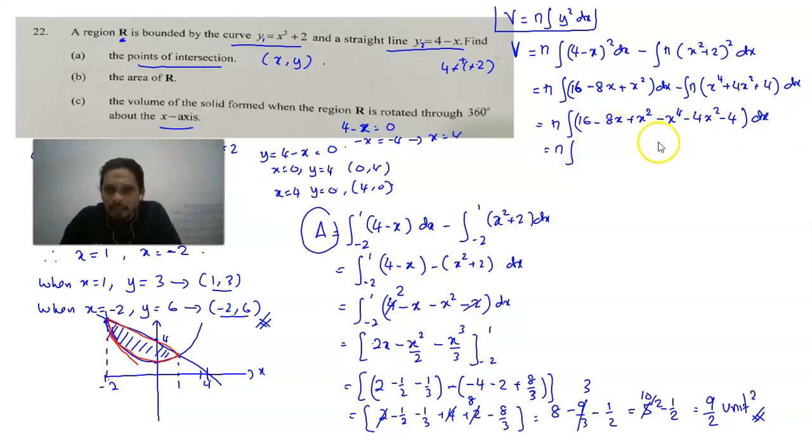Okay, negative x to the power of 4, x squared minus 4x squared equals minus 3x squared, negative 8x, and 16 minus 4 equals 12, dx.